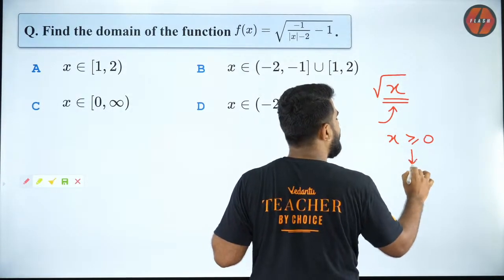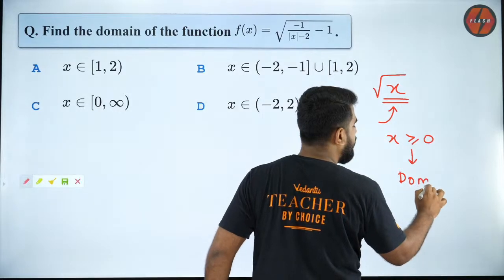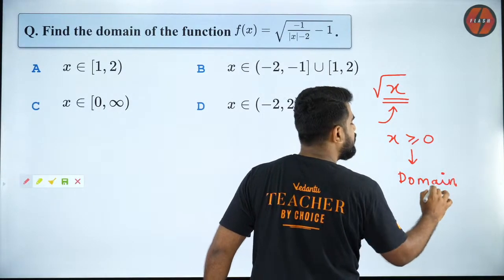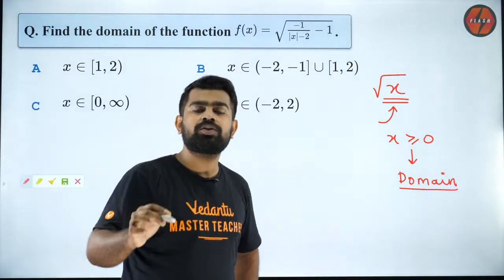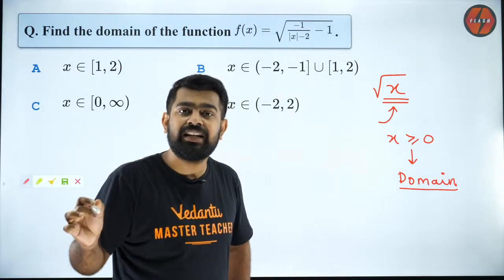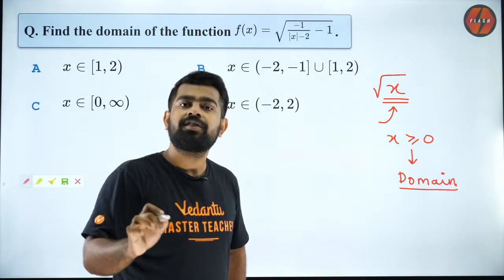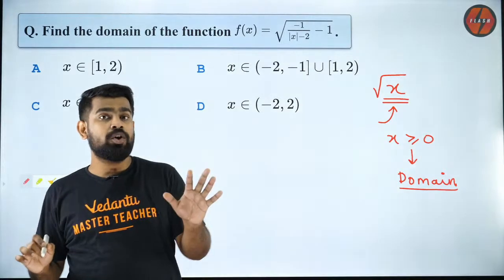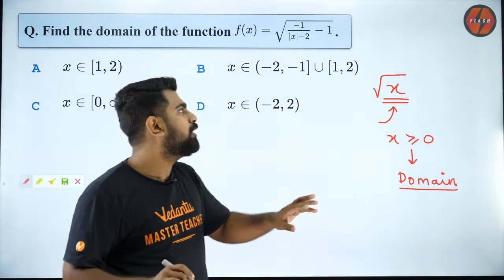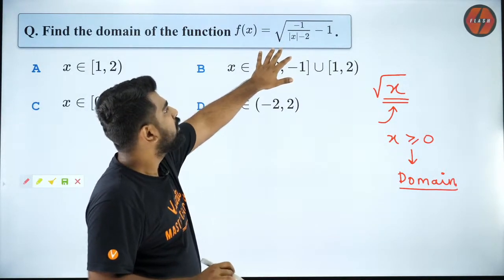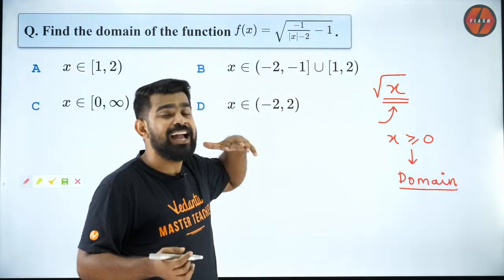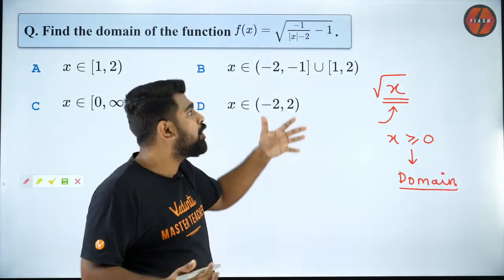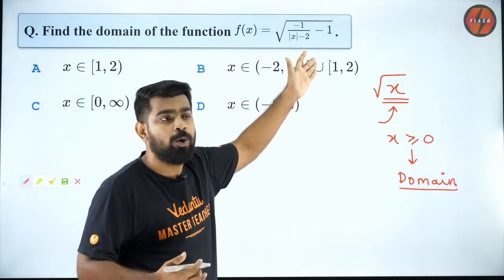So this is what I call my domain. What is domain? Domain is nothing but the set of all values of x for which the function is defined. Here, not all values of x will satisfy this. Sometimes I can tell a value of x which will not even be valid over here.